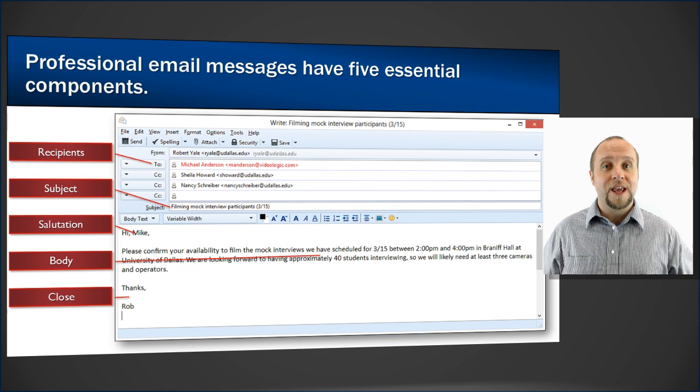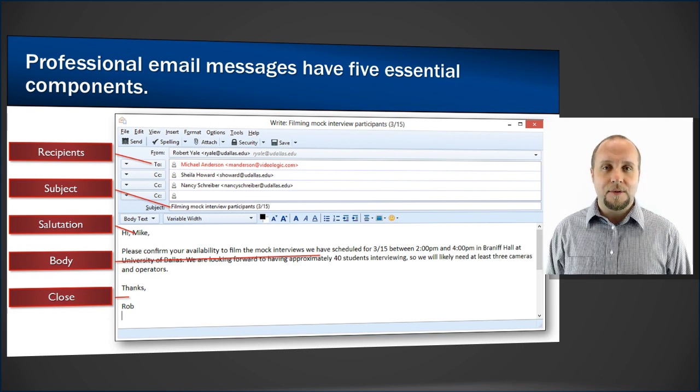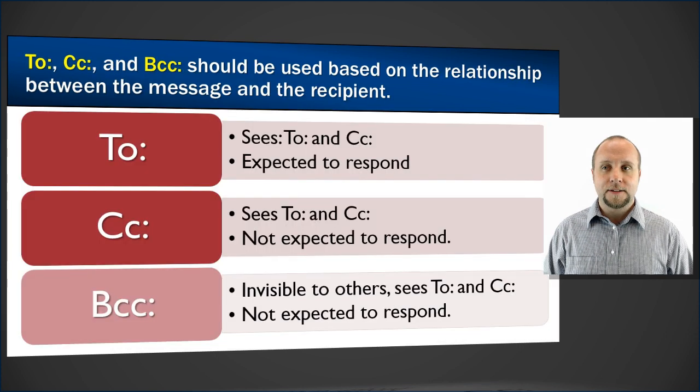We're going to walk through each of these components and discuss their role in effective business communication. Let's start with the recipients fields. Both web-based and email clients contain a number of options for the recipients of a message.